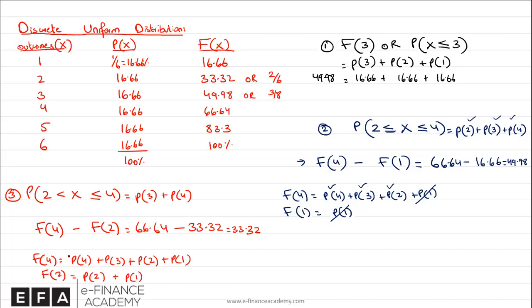So when we are subtracting these two, this cancels against this and this cancels against this, and we are left with P4 and P3, and that's exactly what we wanted. So this is how you will calculate the probabilities if you are ever asked questions like these. Make sure you understand properly what is F(x) and what is P(x).